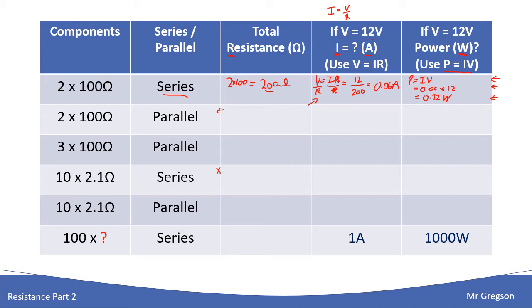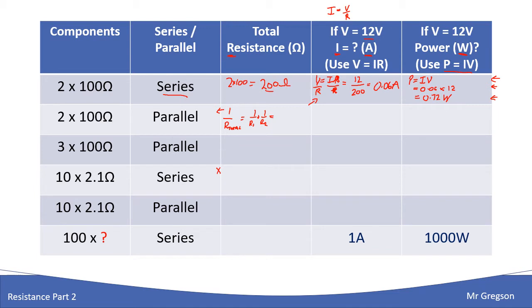Okay, so our parallel formula for total resistance: 1 over R total equals 1 over R1 plus 1 over R2. That's my formula, all put in there.